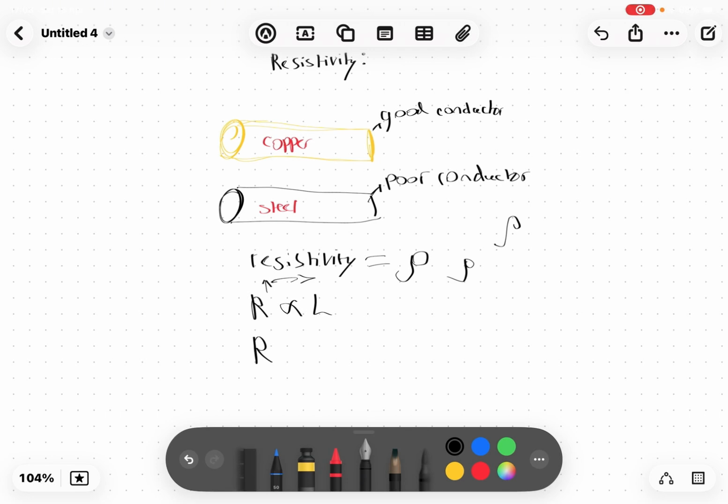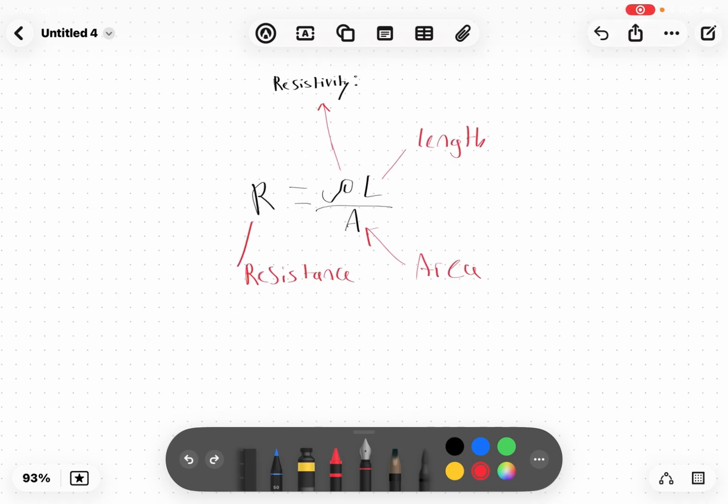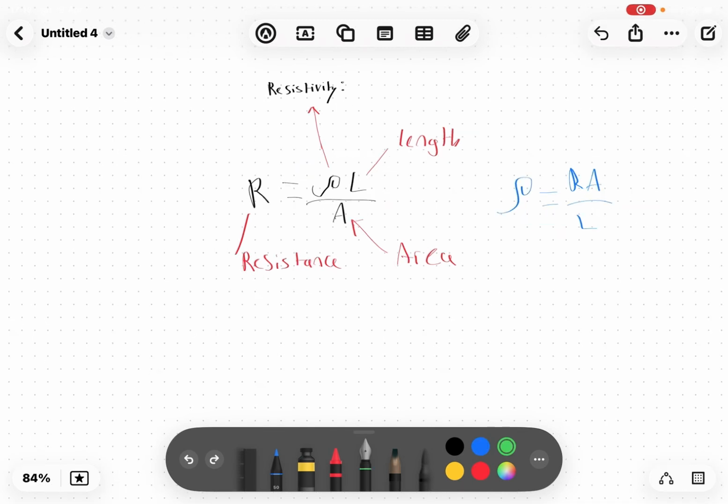When I say inversely, that means it's lower. Having resistivity as the subject, technically I switched the two places. The unit for resistivity is going to be ohm meters. So that's the unit, ohm meters.